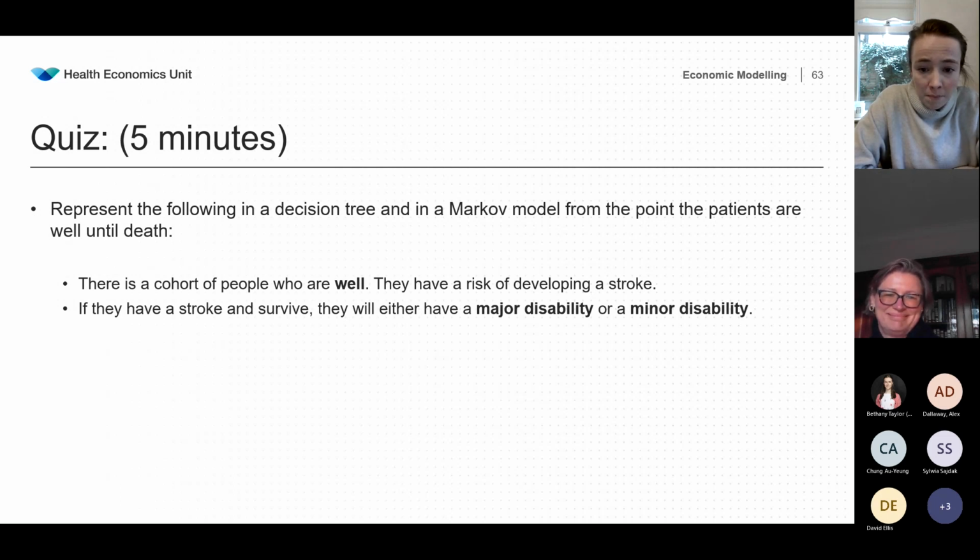I've given a hint by putting in bold what I think, for simplicity, the 3 options or health states should be. I'll give you 30 more seconds, and then I'm going to show you my answer.